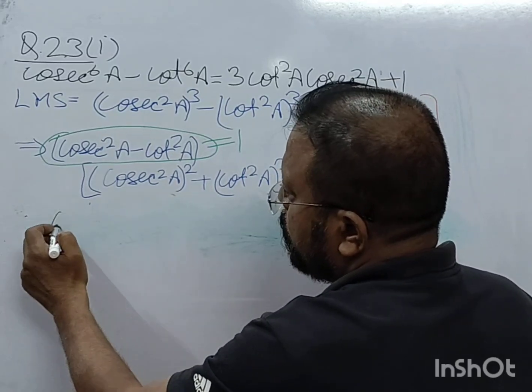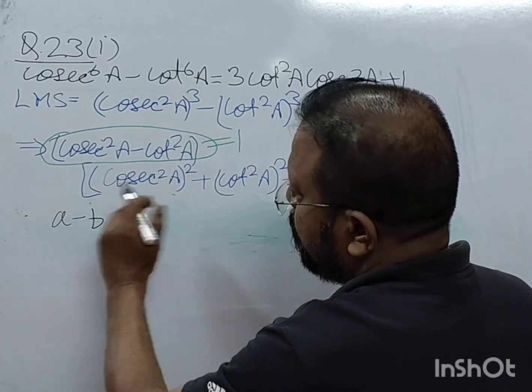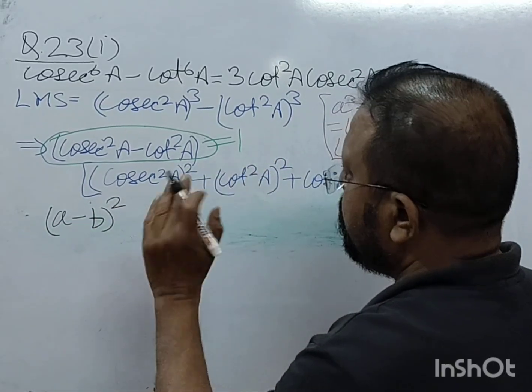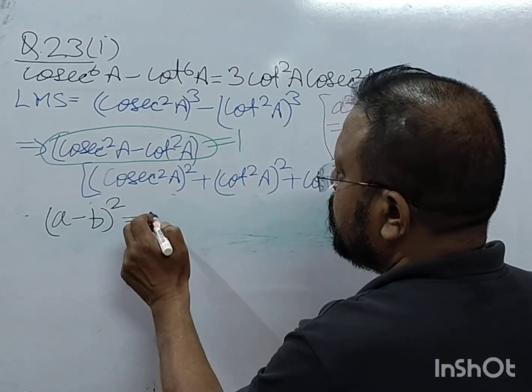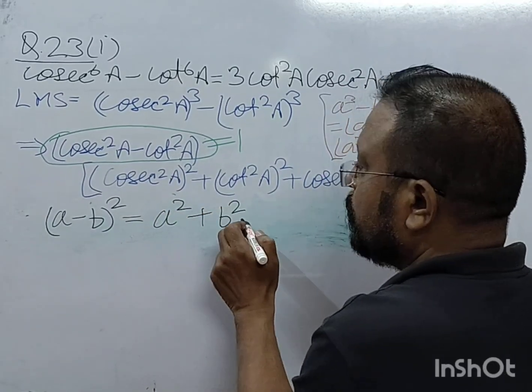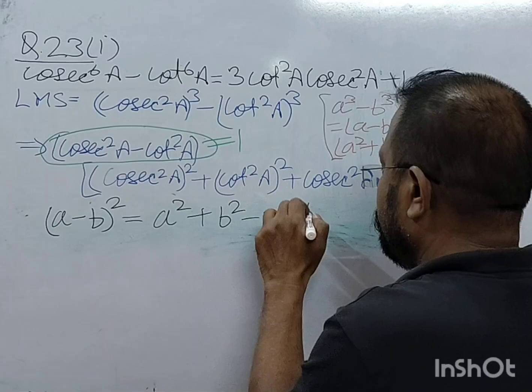You know the formula that a minus b whole square is equal to a square plus b square minus 2ab.